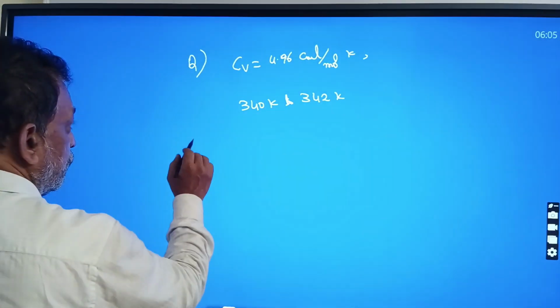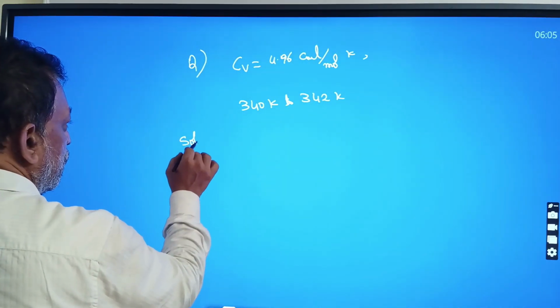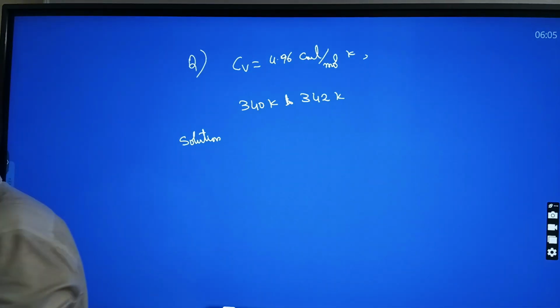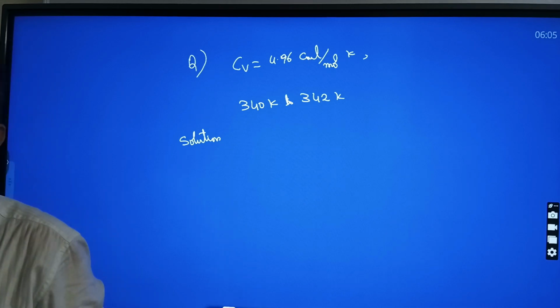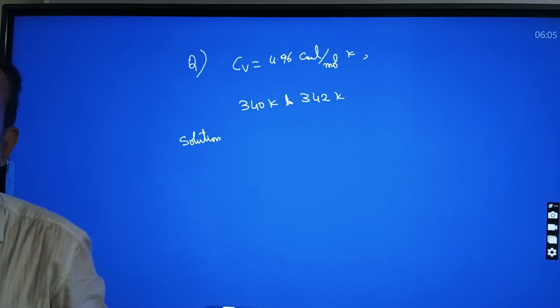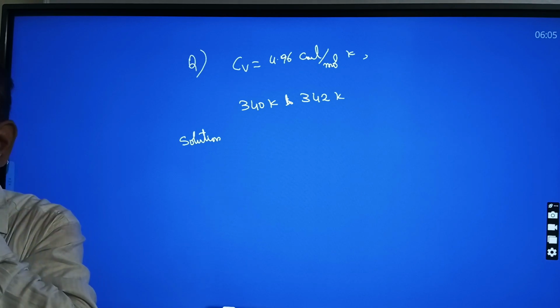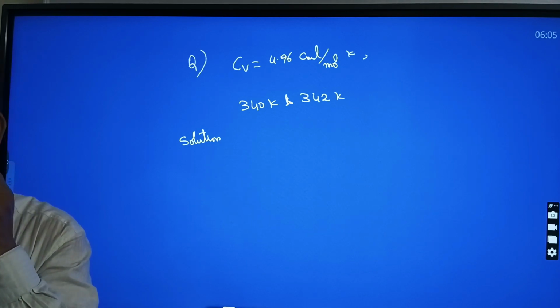Okay, right. So what is it asking? Here in the problem, what is CV? It is the specific heat of a gas at constant volume.